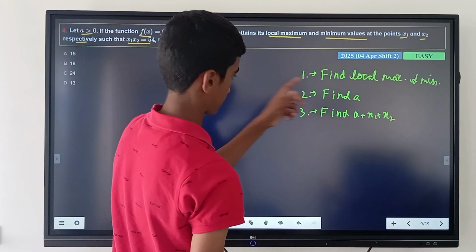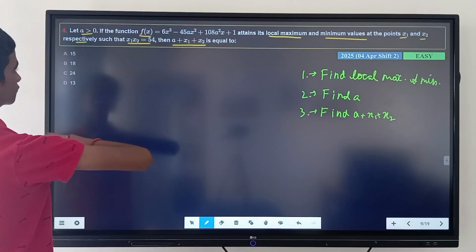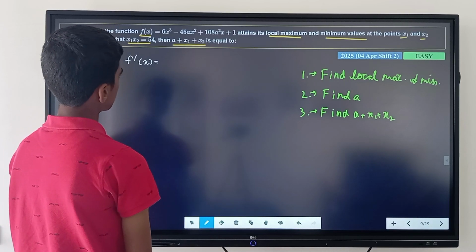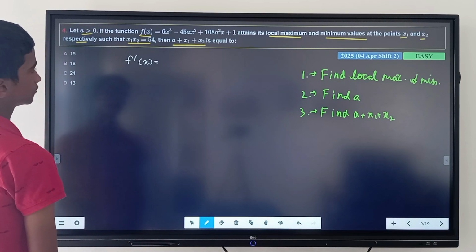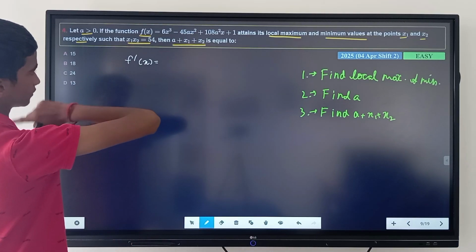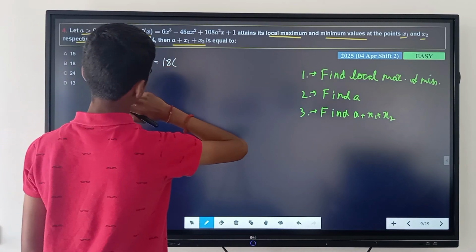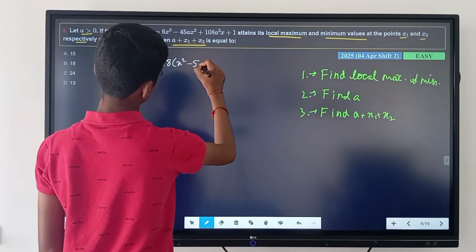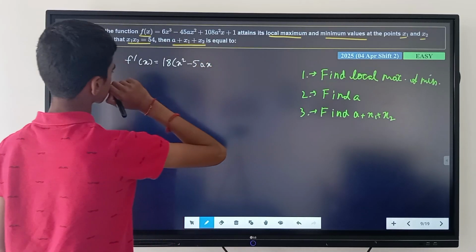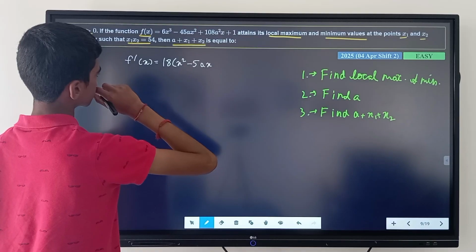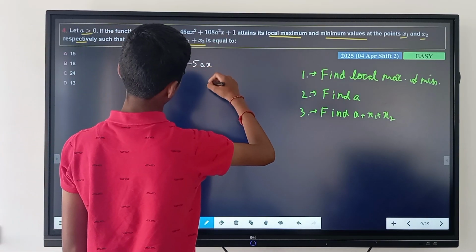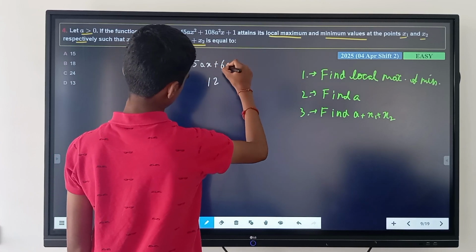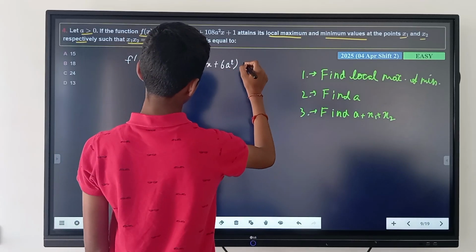Now first we need to find local maxima and local minima. So to find that, our f dash x is equal to, we will take 18 common, we will get 18 times x square minus 5ax, and we will take 9 out, plus 6 a square, is equal to 0.